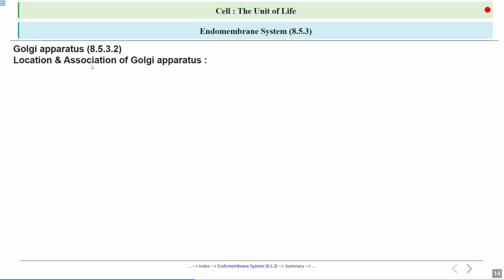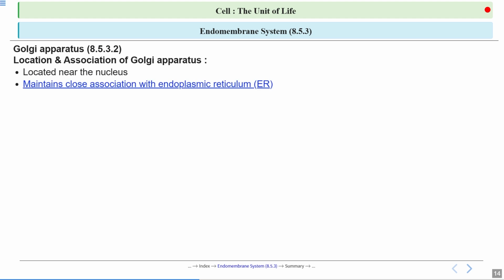Then next, what is the location and association of the Golgi apparatus? It is located near the nucleus. Endoplasmic reticulum was connected to the nuclear membrane but is located near the nucleus. It maintains close association with the endoplasmic reticulum, because they have to coordinate with each other.